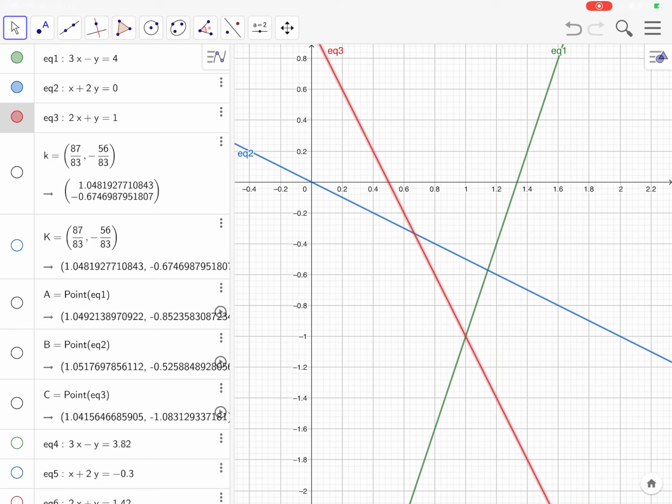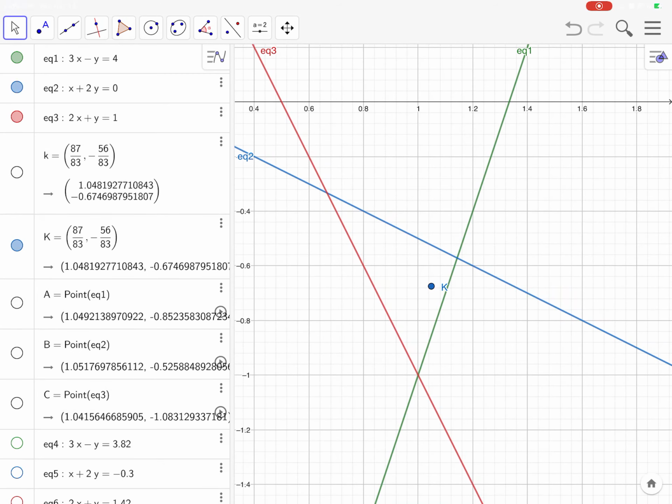In this context, it's a little bit weird. I even hesitated showing you this, but after we use the normal equations to solve for a best approximation of this system, this is the answer that we end up getting.